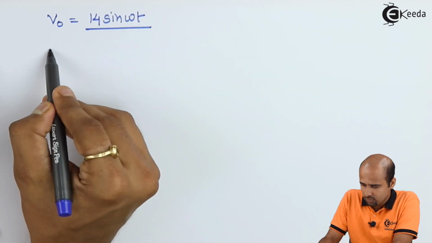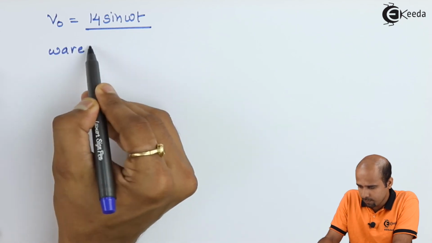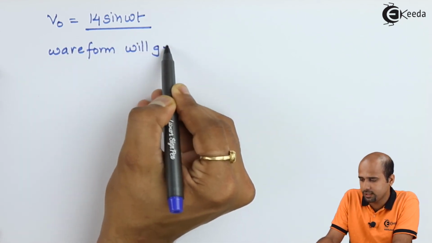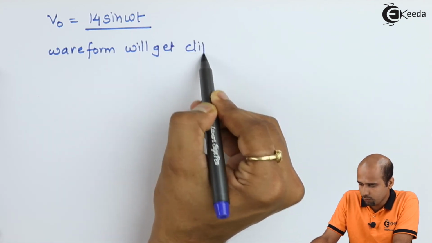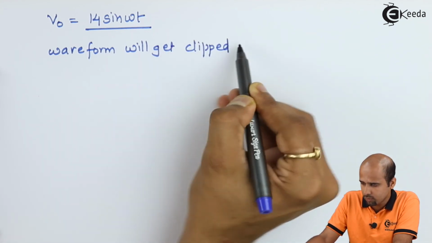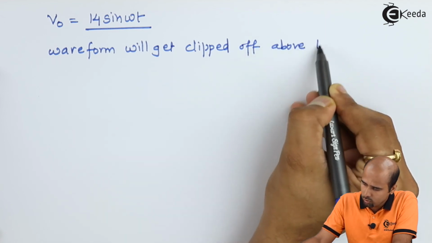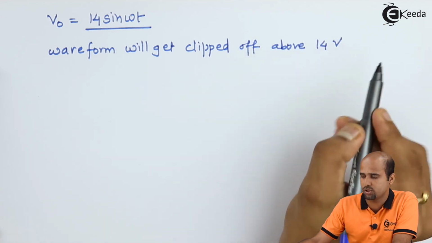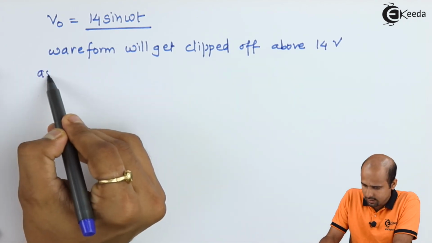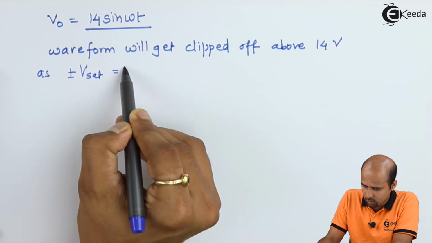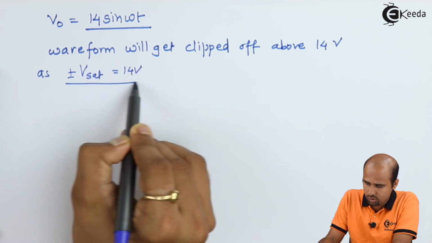Rather, the waveform will get clipped off above 14 volts as plus minus Vsat is equal to 14 volts, right?